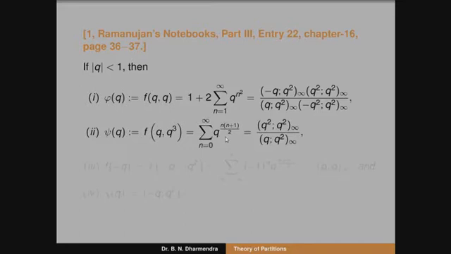The next one is to define f of minus q, that is, when I replace a by minus q and b by minus q squared. Then f(-q) is equal to the summation n running from minus infinity to plus infinity of (-1) to the power of n into q to the power of n(3n-1)/2, and this series also varies from minus infinity to plus infinity.